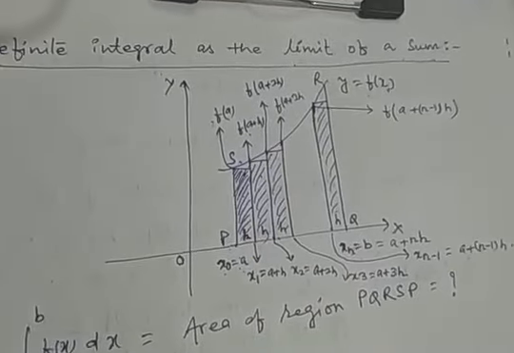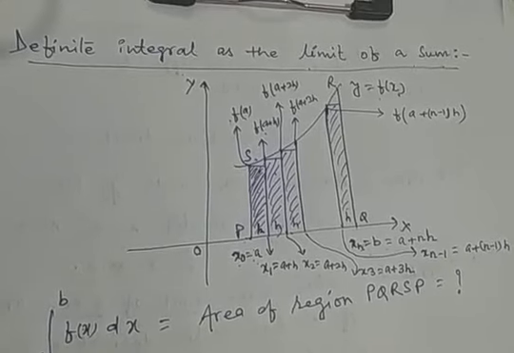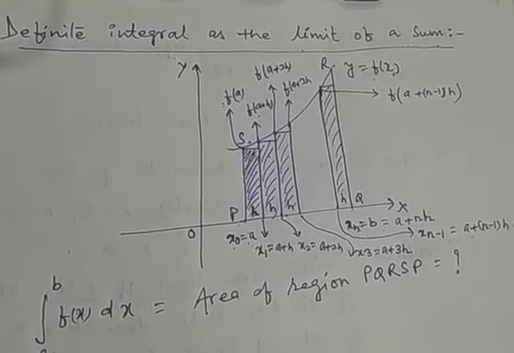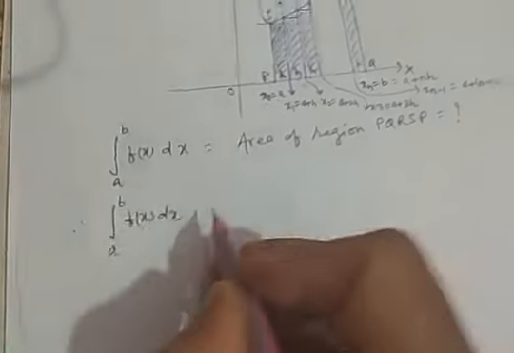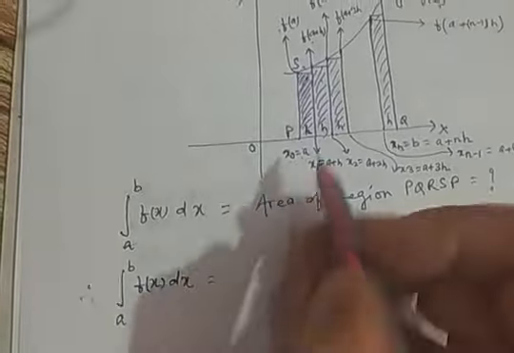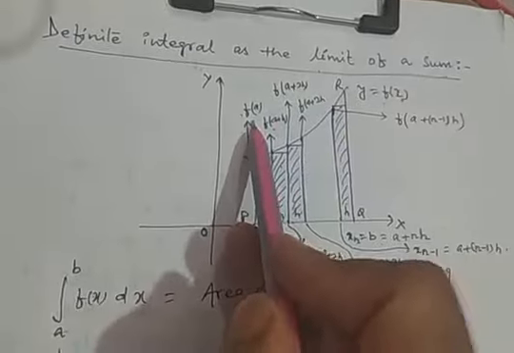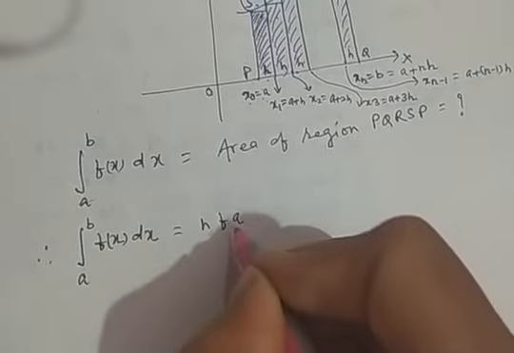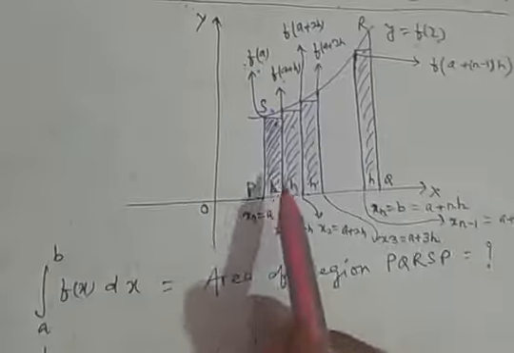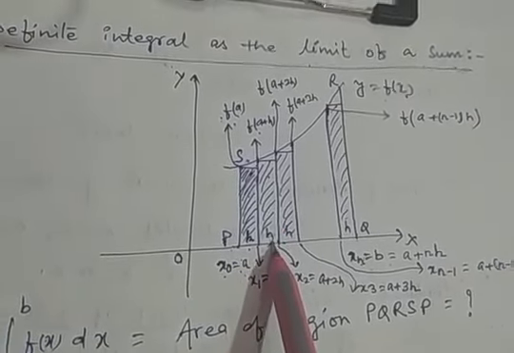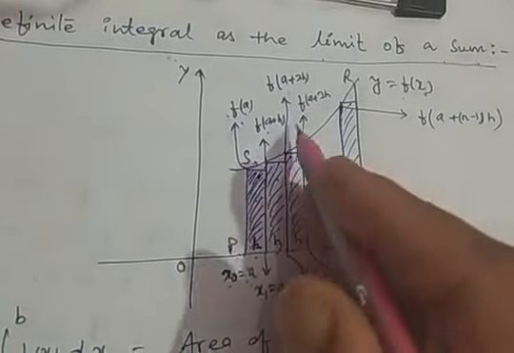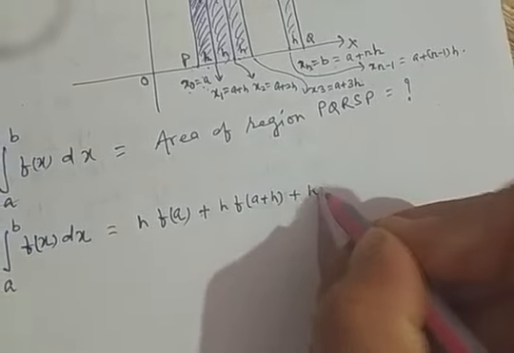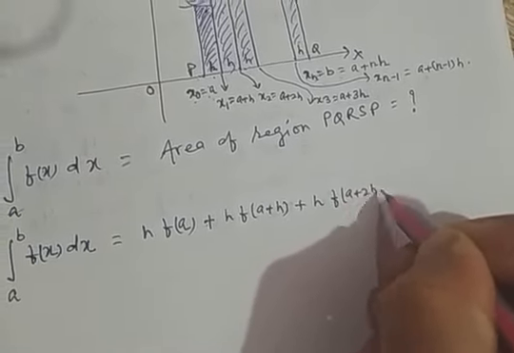So here we can write the integral from a to b of f(x) dx equals h into f(a), plus the area of the second rectangle, h into f(a + h), and the area of the third rectangle will be h into f(a + 2h).